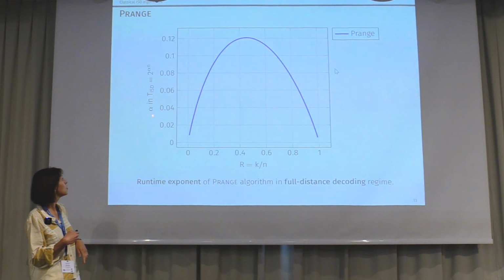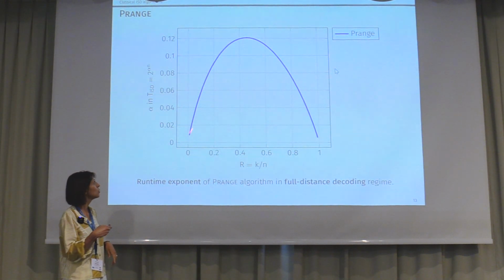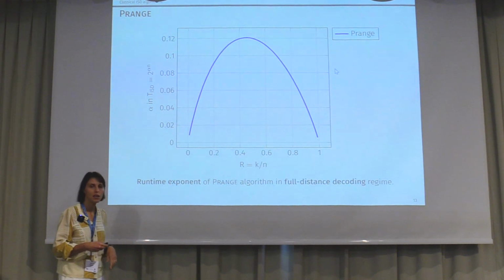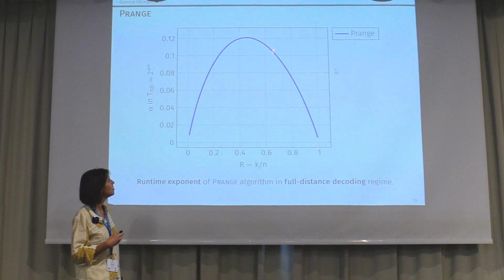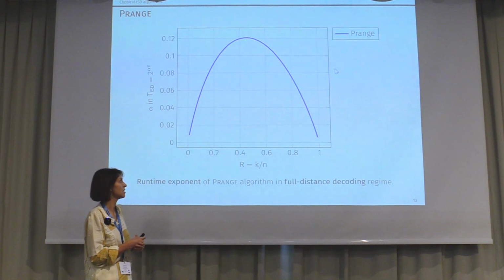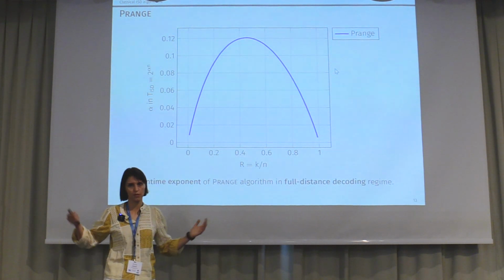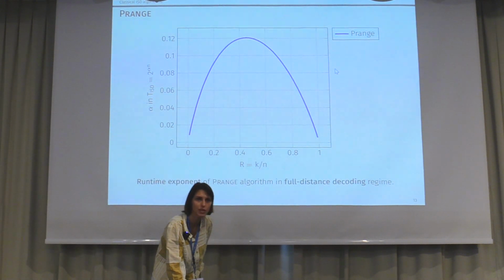What I plotted here is just the exponent of the running time. Whenever you plot it, it will always have this shape of the curve. All the improvements that will come will probably come in some part here, closest to the peak of this curve. I'm going to present at the end just the comparison of these peaks for different algorithms. Just remember this curve: whenever you see it, you know we are talking about the ISD algorithm.